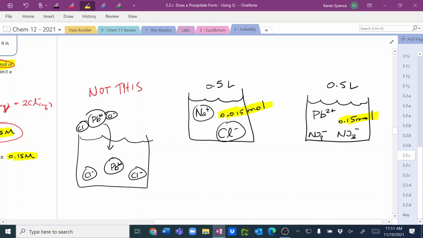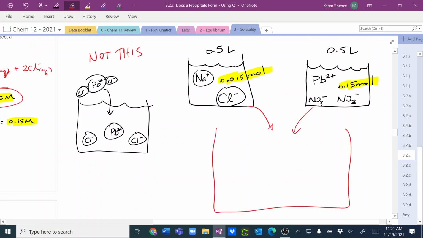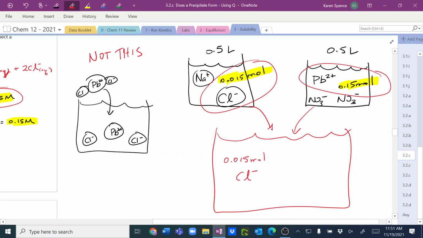Yeah, and then when I put it together, I'm not going to draw the sodium and the nitrate anymore because I don't care about them. I have 0.015 moles of chloride, and I have 0.15 moles of lead, and my new volume is 1 liter.